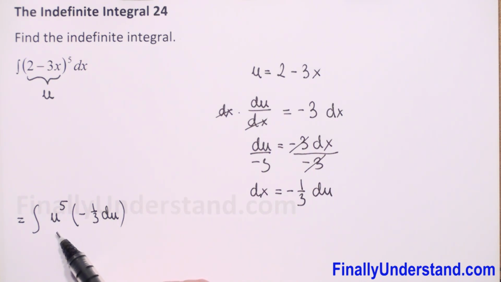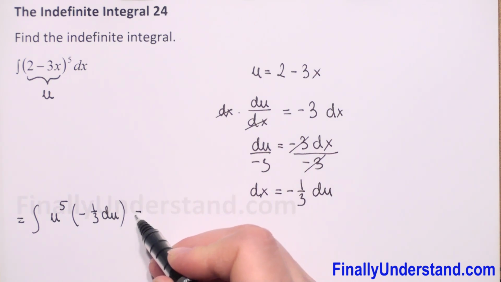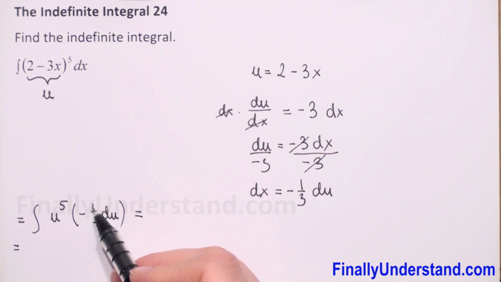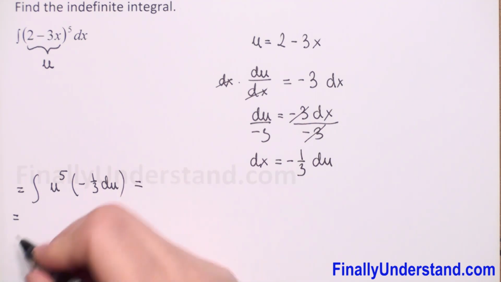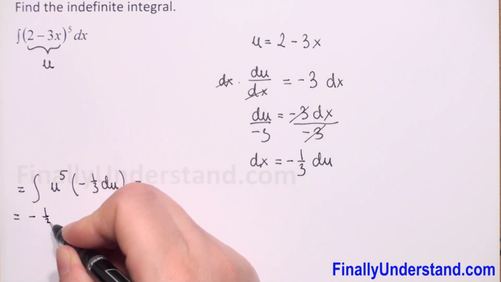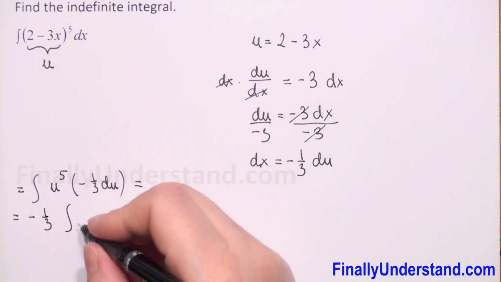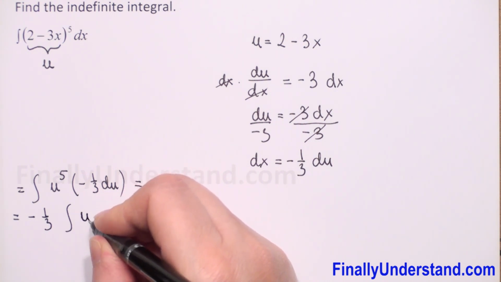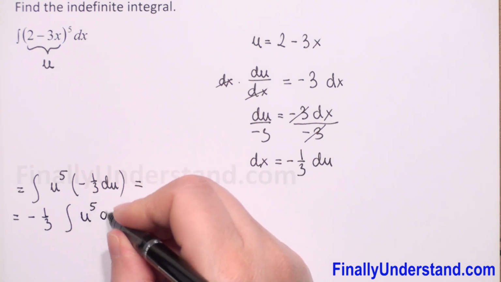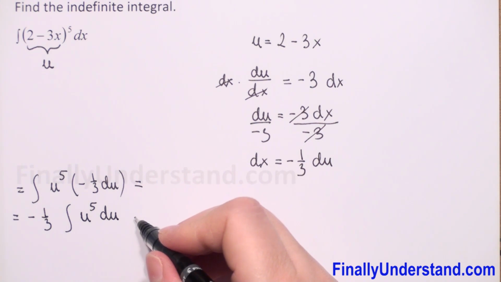And now we have to find the integral with respect to u. First, we have a constant here, negative 1/3. We can take this constant, negative 1/3, before our integral symbol. So it will be negative 1/3, and we have the integral of u to the 5th power with respect to u.